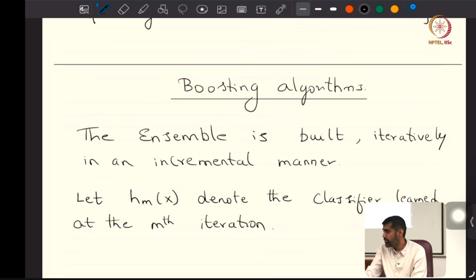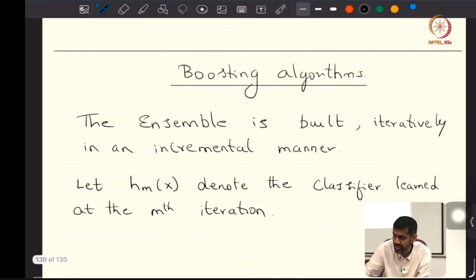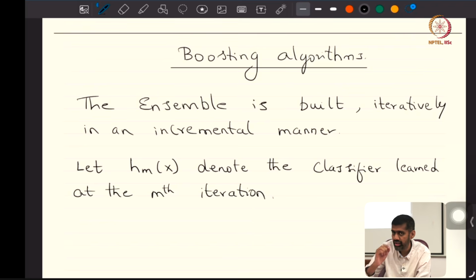We get capital B number of data sets, so look at each data set as an iteration. You get one data set, train a hypothesis, you get the second data set, train a hypothesis, and so on. You can look at them as m iterations. So, let h_m(x) denote the hypothesis at the mth iteration.